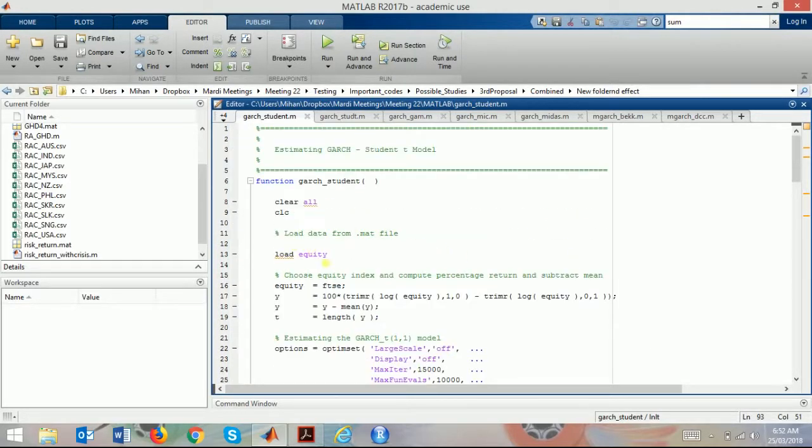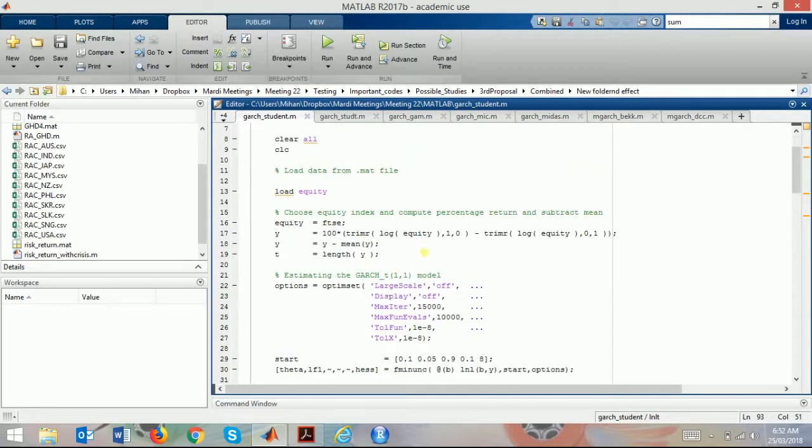So we load the data and we find the log difference, and we make a percentage of it. Then obviously we take a mean difference, y minus mean of y.